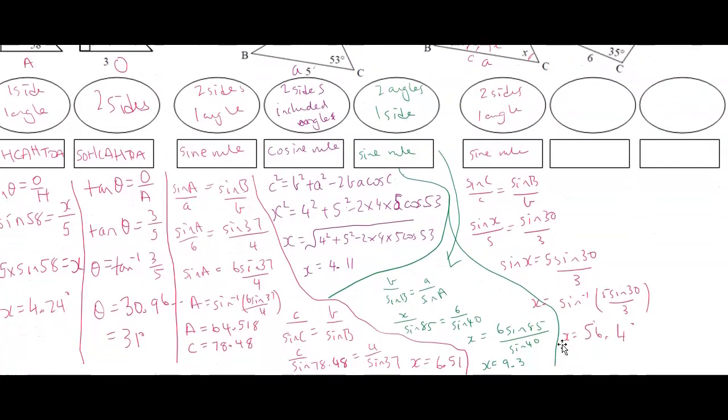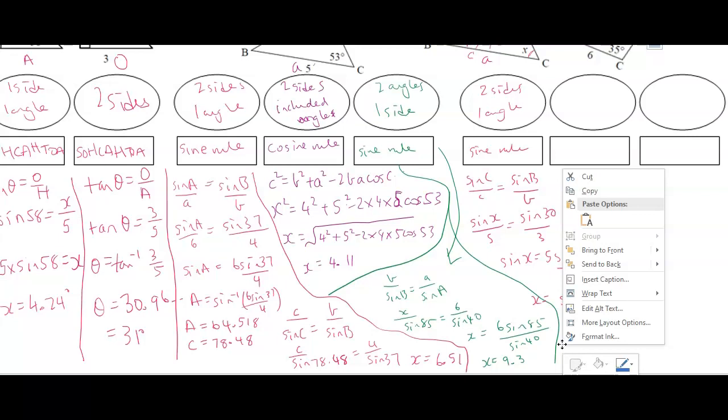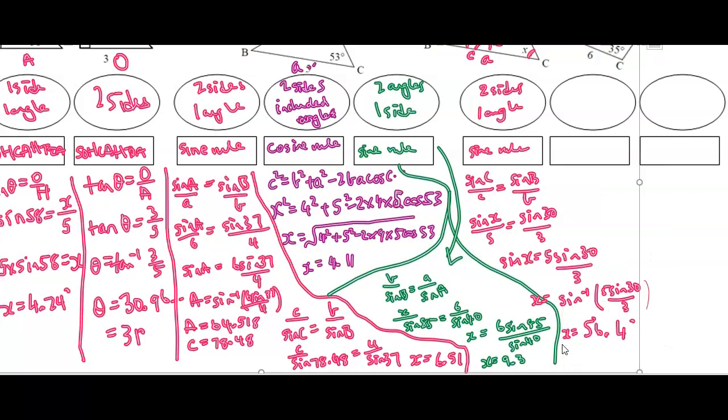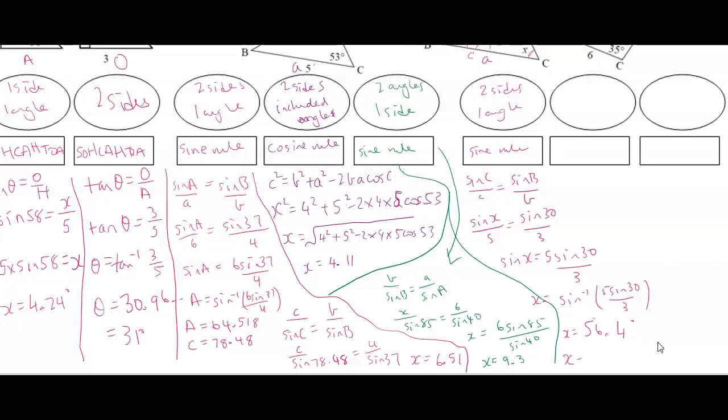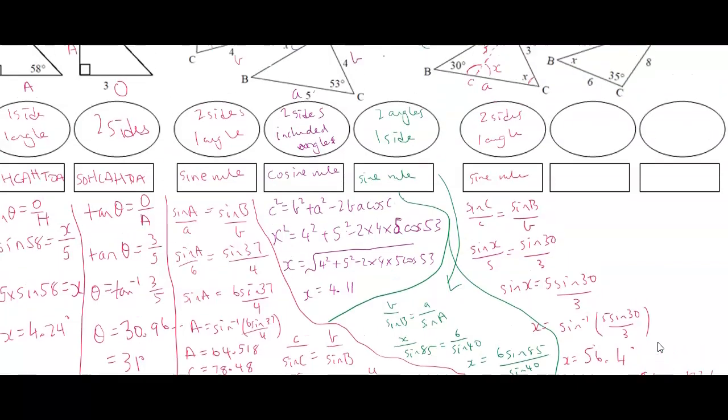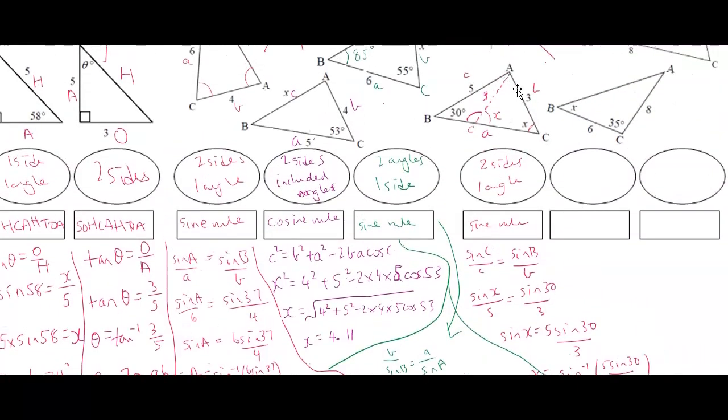So once you've found your acute angle, your other angle could be 180 minus 56.4, which is 123.6. So two solutions.